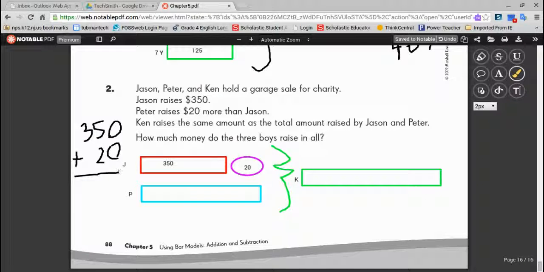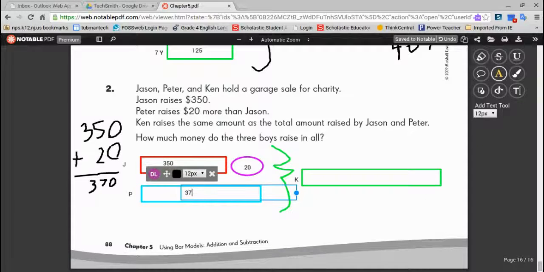And that equals, well, 0 plus 0 is 0. 5 plus 2, well, 5, 6, 7. And 3 straight down. So I know that Peter raised $370. So let's put that in there.